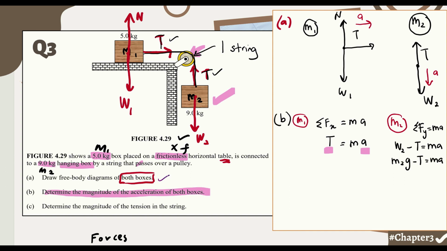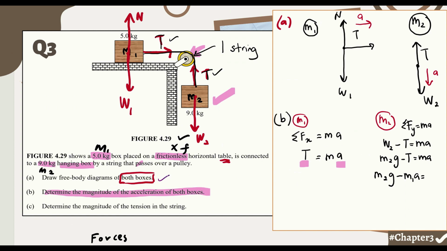Then we can substitute the value of T from the first equation. The equation becomes M2g minus M1a is equal to M2a. Now we can factorize the equation: M2g is equal to (M1 plus M2)a.